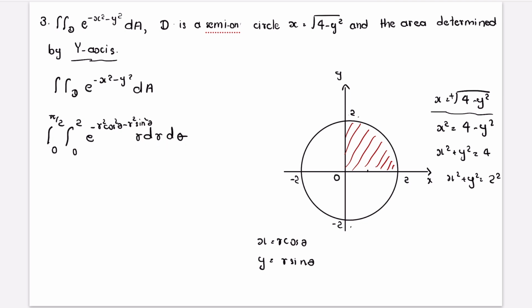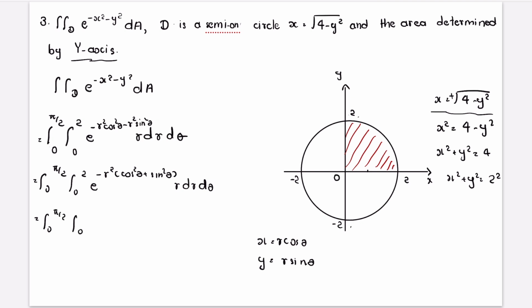Now we can find it easily. Let's take out r squared, so there has to be cos squared theta plus sin squared theta, and r dr d theta. So cos squared theta plus sin squared theta is 1.